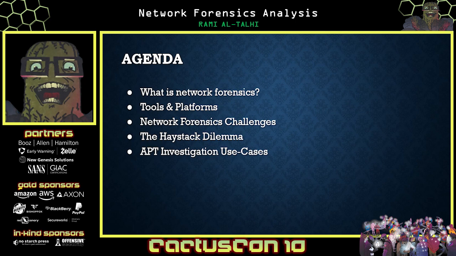And the fourth topic is real-world APT, Advanced Persistent Threat attack scenarios, where they are using and utilizing some encrypted protocols such as DNS over HTTPS to hide their compromise.